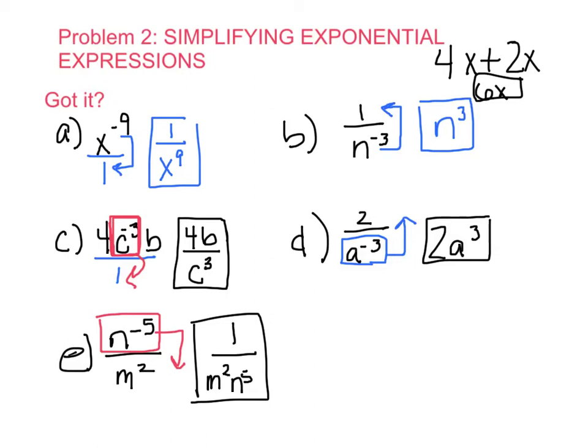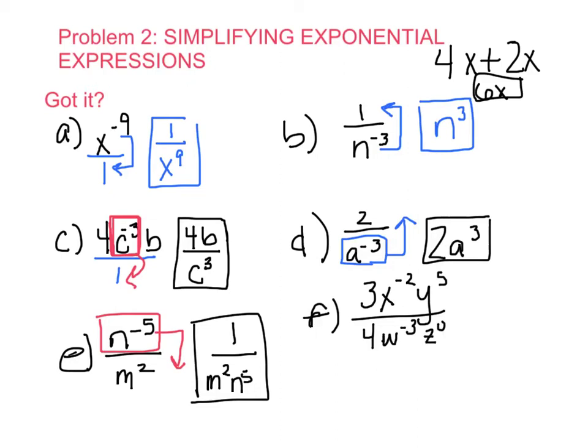I want you to do one more, just because I want to make sure you really understand this. Let's do F. I want you to do 3x to the negative 2, y to the fifth, over 4, let's do w to the negative 3, z to the 0.